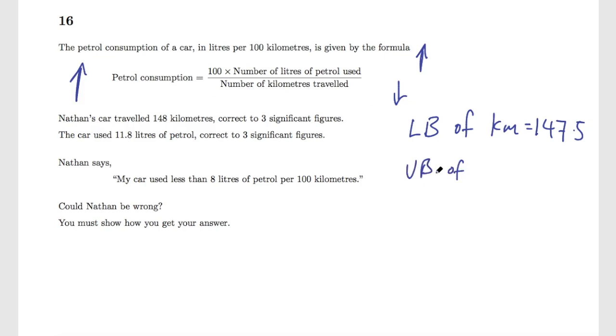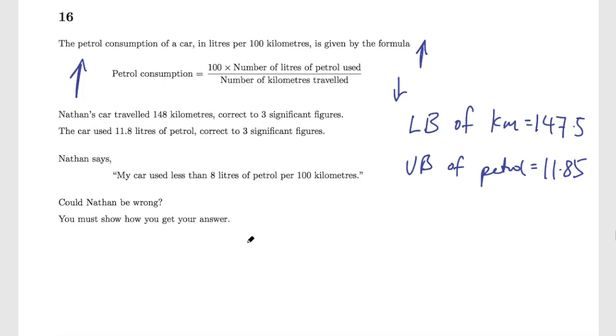And the upper bound of the petrol will be 11.85, as that would round down to 11.8. So what we've done is taken the lowest possible value for the kilometers and the highest possible value for the petrol in order to find the maximum possible petrol consumption.